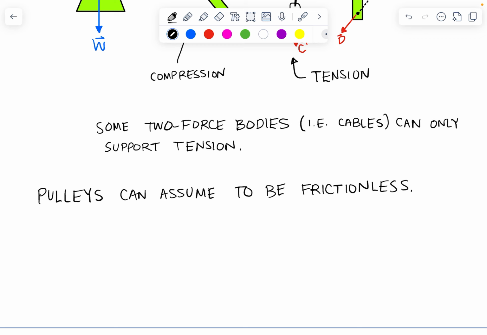So we can assume that any pulley you see is going to be frictionless, and what that means is that the tension in one side of the pulley is equal to the tension in the other side.